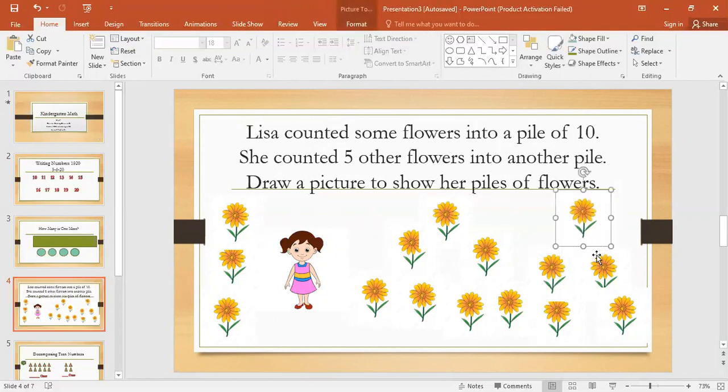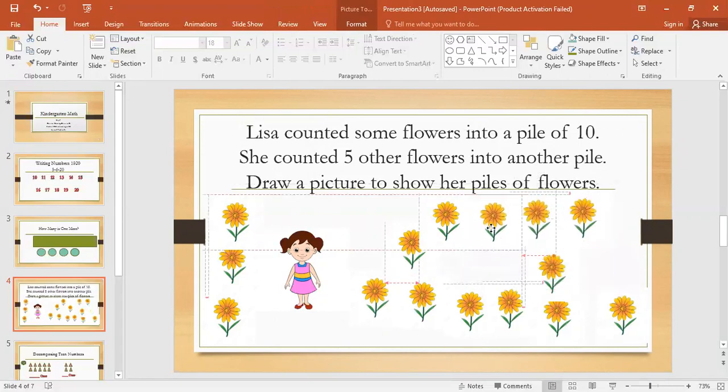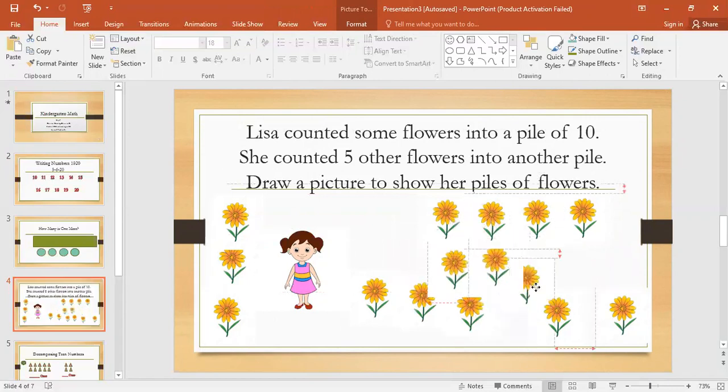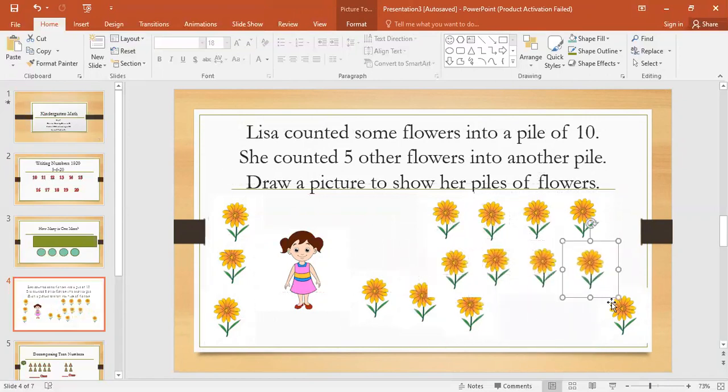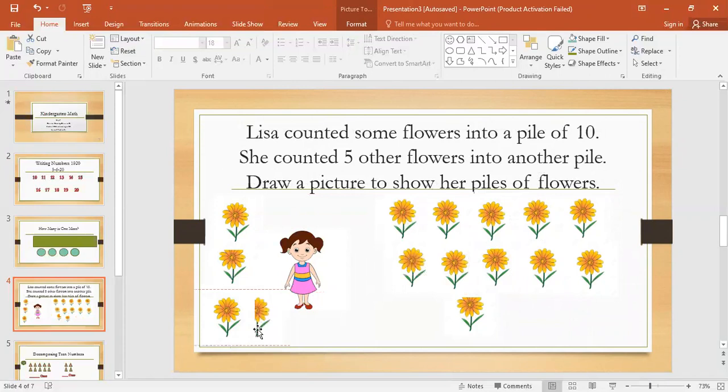Ready? 1, 2, 3, 4, 5, 6, 7, 8, 9, and 10. Let's go ahead and count again how many flowers we have in this pile. 1, 2, 3, 4, 5, 6, 7, 8, 9, 10. Great job, guys. Okay, now it says she counted 5 other flowers into another pile. So what do we need to do next?